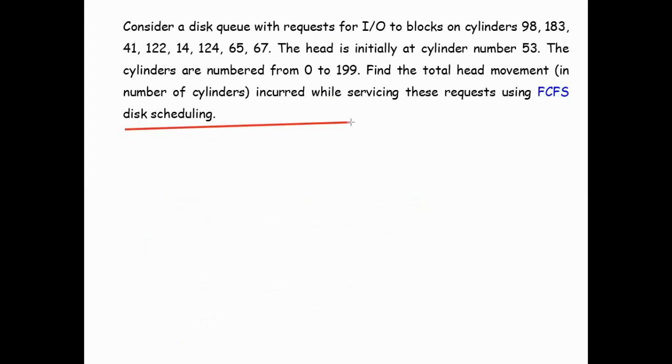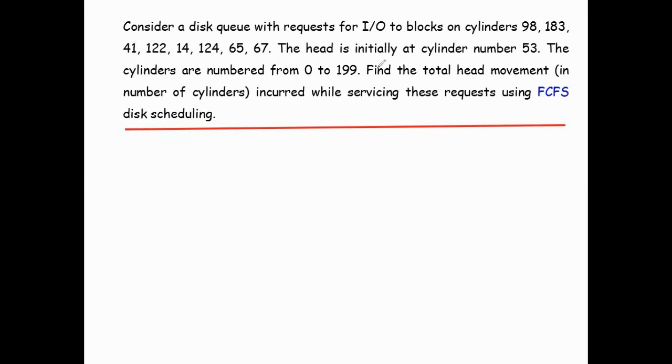Let us see how to solve the problem using the FCFS disk scheduling algorithm. Given the cylinders are numbered from 0 to 199, which means that there are 200 cylinders. Let me represent the number line.